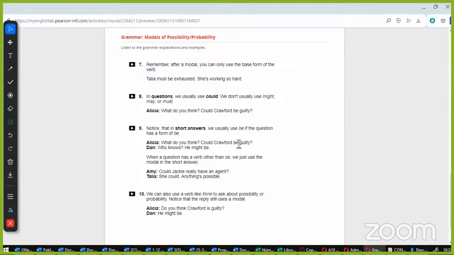If you're using a modal, it will be the base form. Always. Always, yes. Okay. Any other questions? And in number 10, do you think replaces the modal could? Yes, that's right. Do you think? It replaces the modal could? Yes.